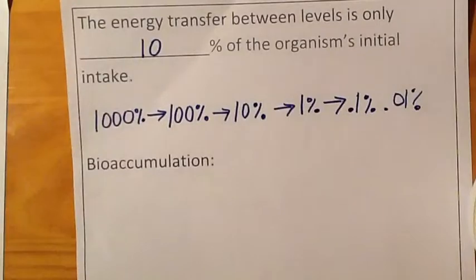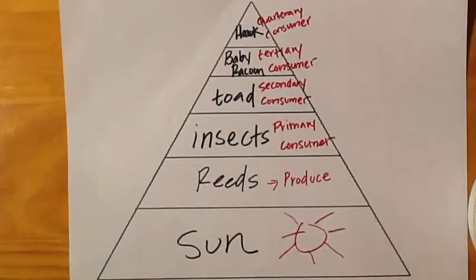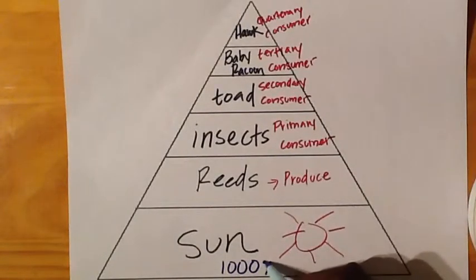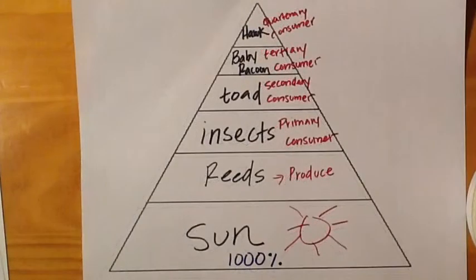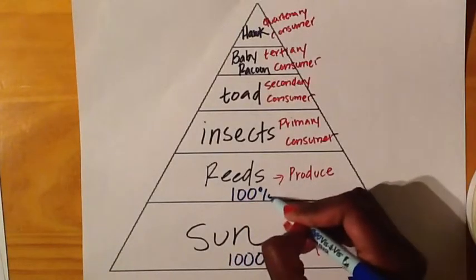Now let's see what that looks like inside of our pyramid. Okay, if we start off with the sun being 1,000, go ahead and place in what the other organisms' intakes would be. Our reeds would get 100.